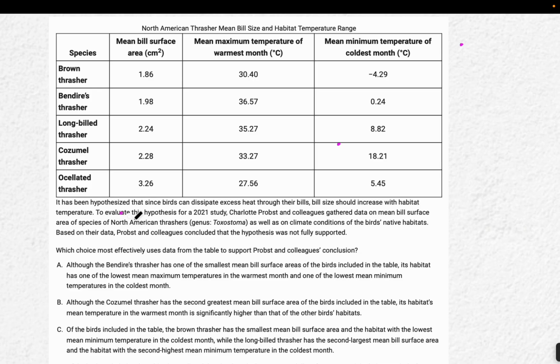To evaluate this hypothesis, for a 2021 study, Charlotte, Probst, and colleagues gathered data on mean bill surface area of species of North American thrashers, as well as on climate conditions of the birds' native habitats. Based on their data, Probst and colleagues concluded that the hypothesis was not fully supported. Which data from the table supports Probst and colleagues' conclusions?